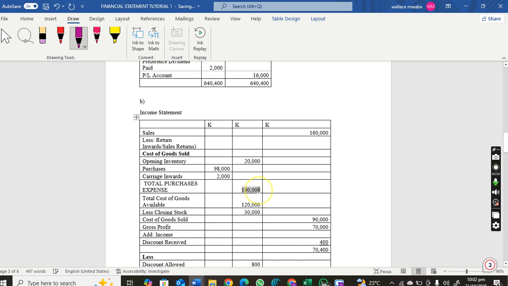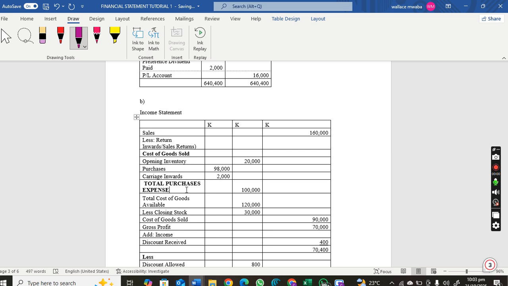Total purchase expense 100,000. After that we want to find the total cost of goods available for sale, meaning all the inventory that we had in our shop throughout the year.